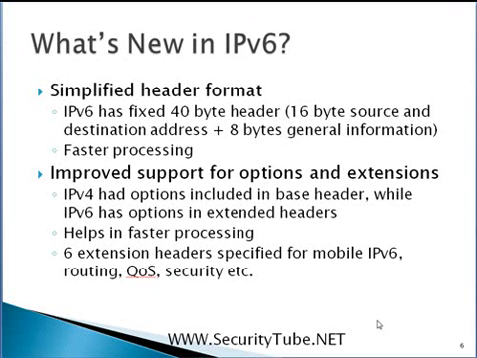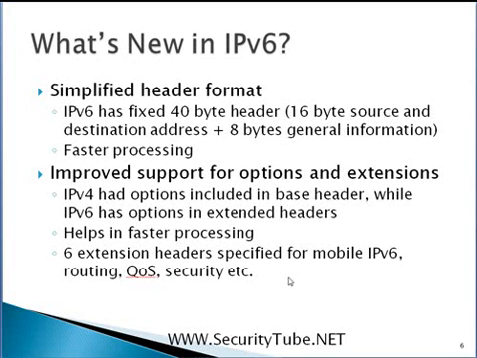Depending upon options, the header length was changing, and since in IPv6 the header length is fixed, routing decisions and processing will be very fast, because the router just has to process fixed offsets at fixed locations in the IP header.